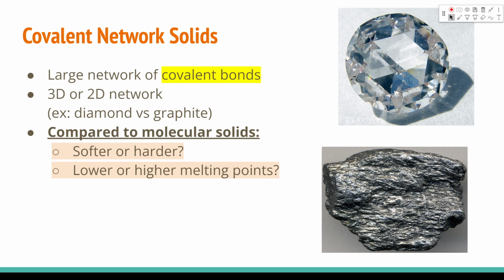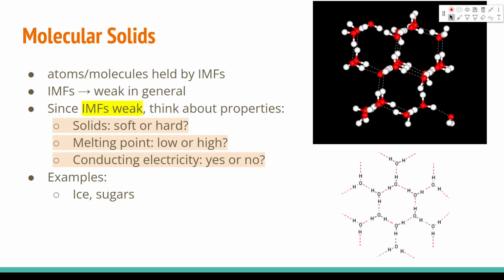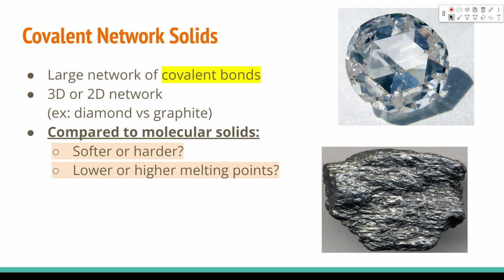Now, comparing this to molecular solids, based off what molecular solids are held together by, are covalent networks going to be softer or harder compared to molecular solids? And are they going to have lower or higher melting points? Think about that, and then I'll answer in a bit.